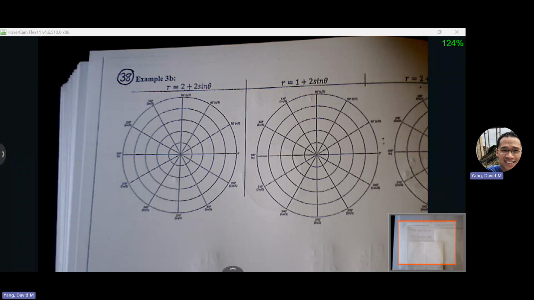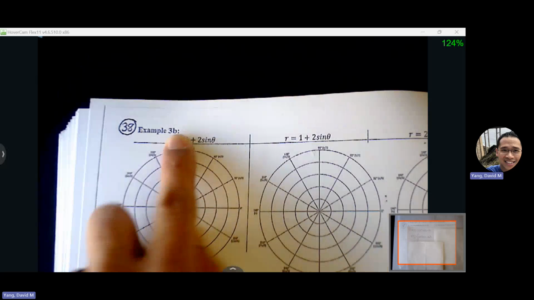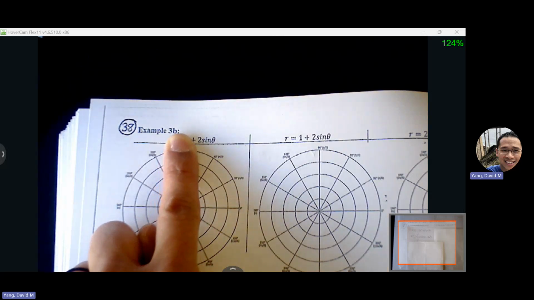Okay, we stopped off at page 38. We saw how we can graph the different types of cardioids. If I just have a coefficient with the sine or cosine, it'll just be a circle.